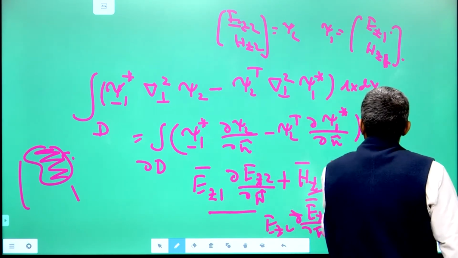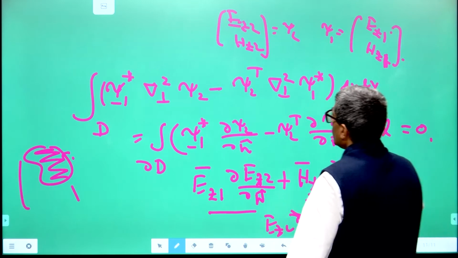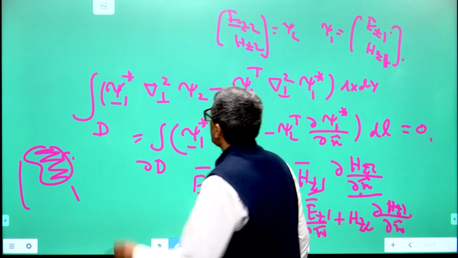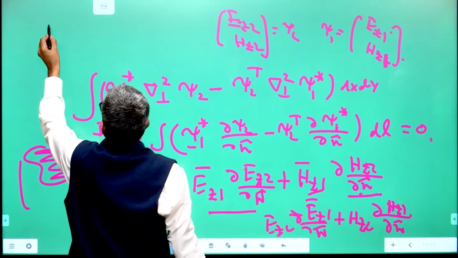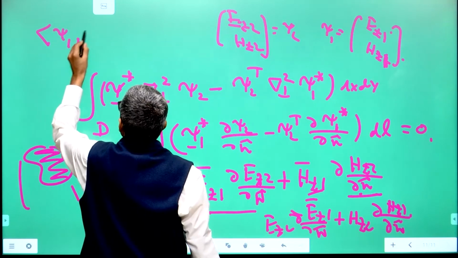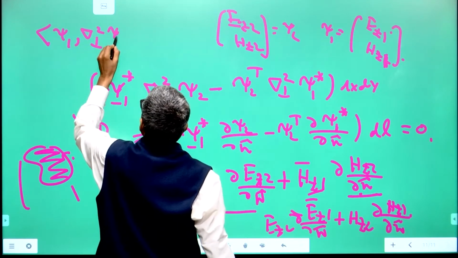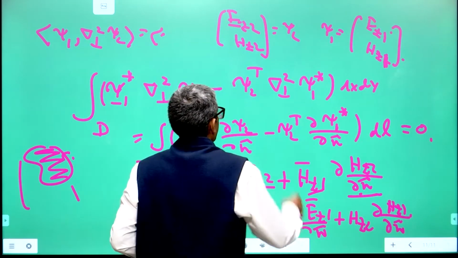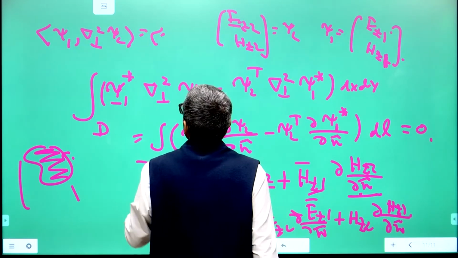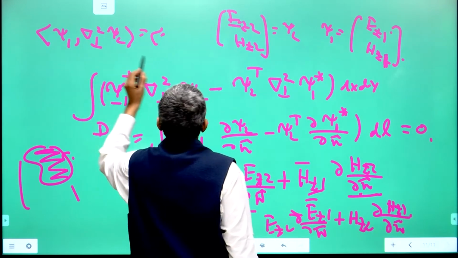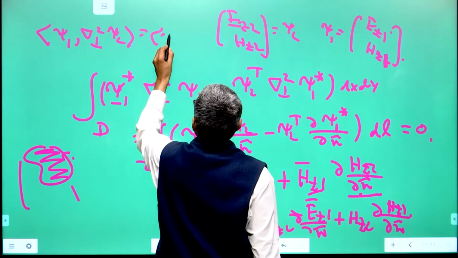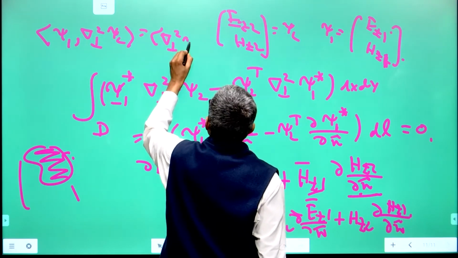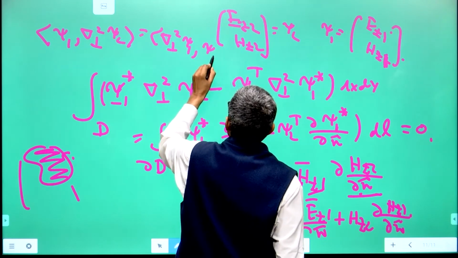So this entire term by virtue of the boundary conditions becomes 0, which means that this is a Hermitian operator. This becomes 0, which can also be written as psi 1 comma del perpendicular square psi 2 is equal to del perpendicular square psi 1 comma psi 2.